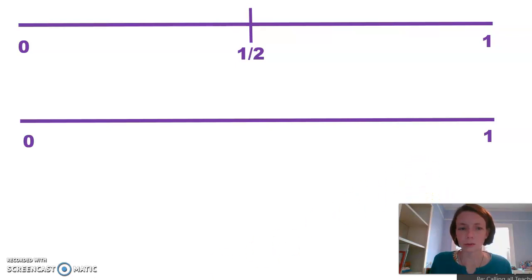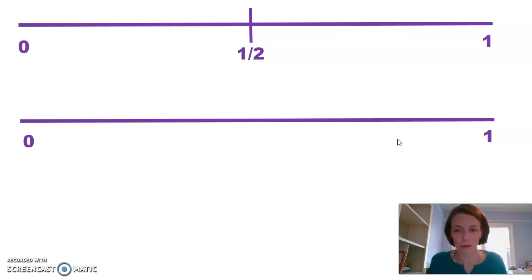Like I was saying, I want you to use your finger very gently again to carefully touch the places where you think we could split this line up into 4 equal pieces or 4 equal fourths. So very carefully use your finger.